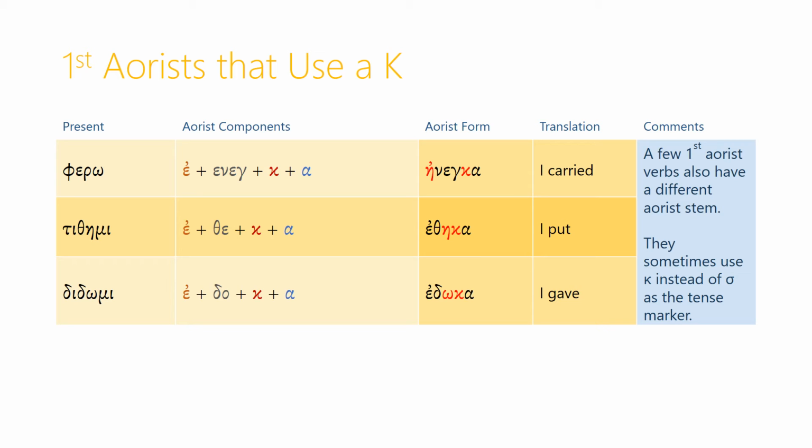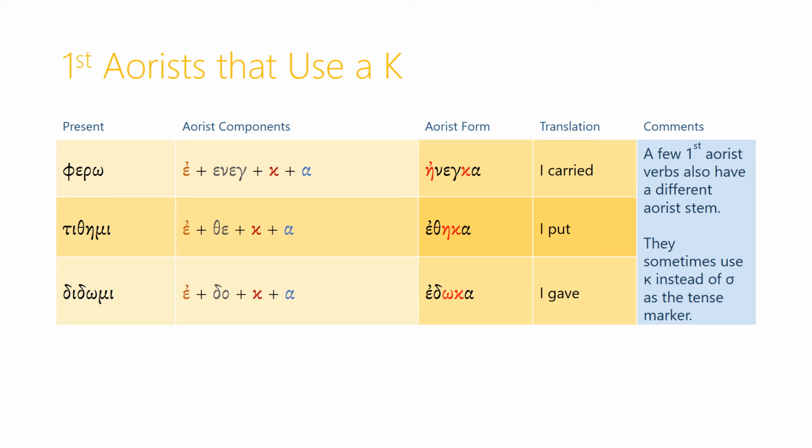The only other thing to notice here is that, predictably, the short vowel at the end of the stem lengthens so that epsilon becomes an eta, and we have etheka. But it's a kappa that's used here instead of a sigma. That's the important thing to remember.